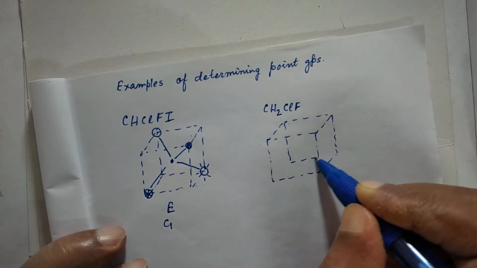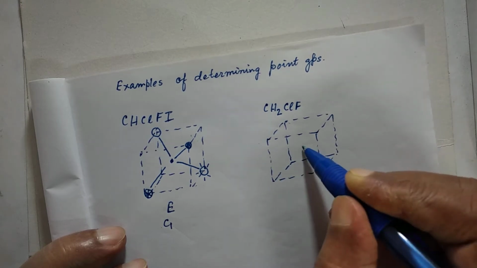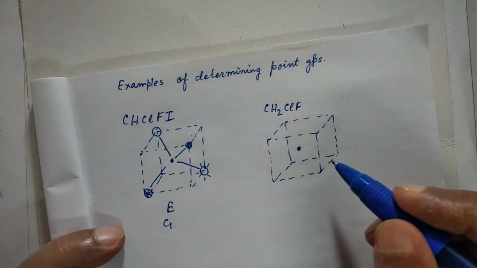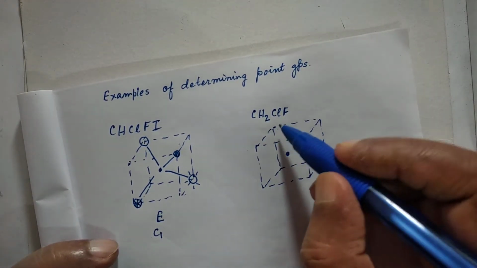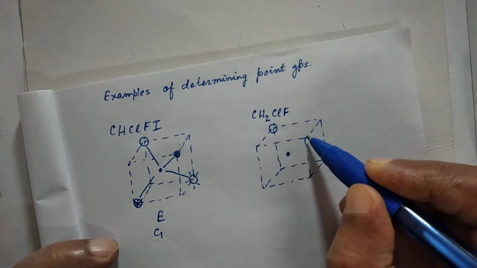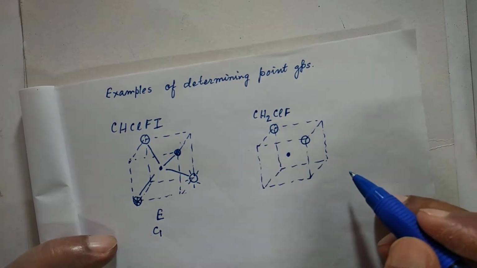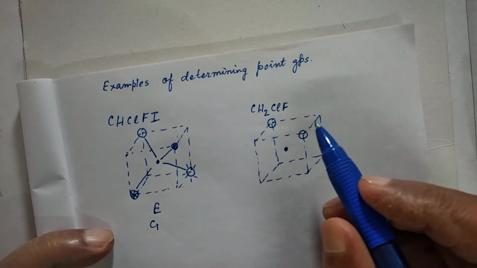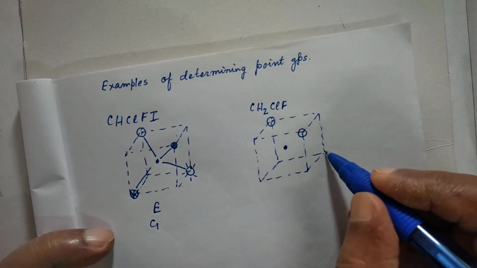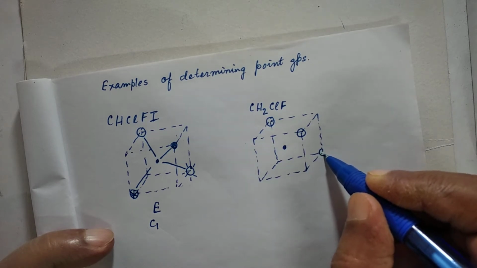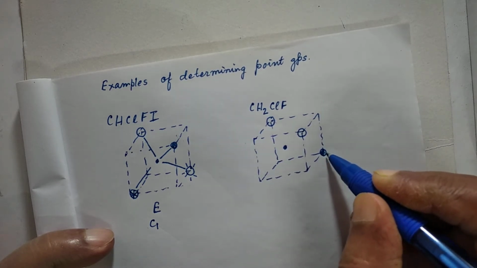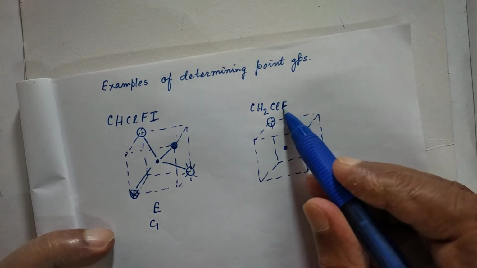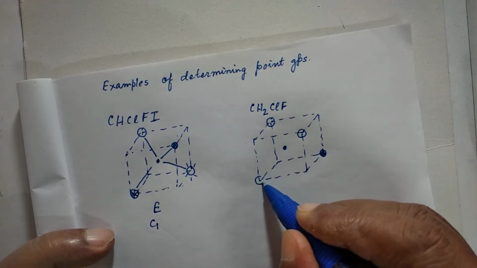The carbon atom is at the center of the cube. The 2 hydrogen atoms, one is here and one is here. Chlorine is here, and fluorine is here.